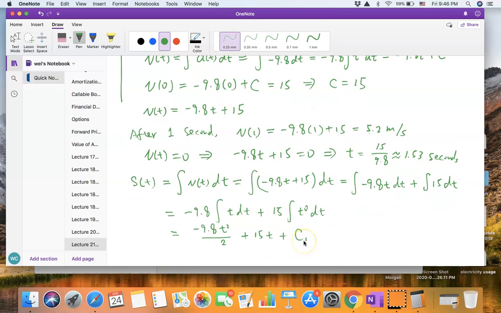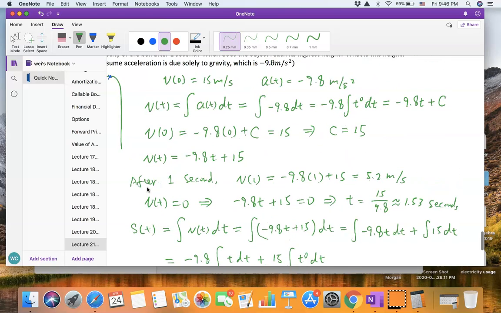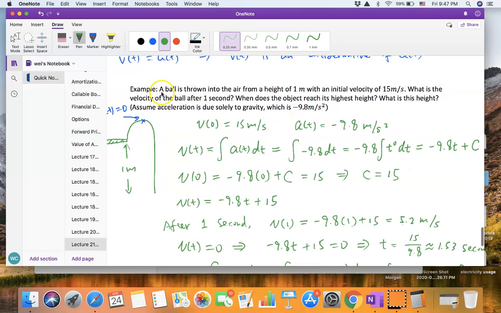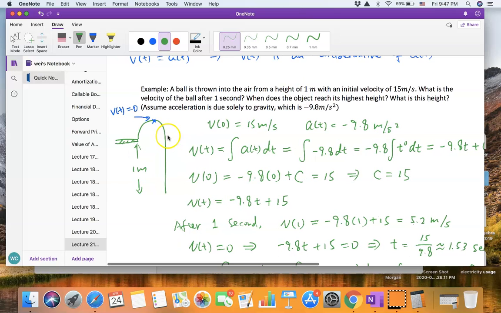This time to determine c1, we need to use the initial condition for the position. Let's go back to the problem to see what else we haven't used yet. Okay. Now in the first sentence, it says the ball is thrown into the air from a height of 1 meter.